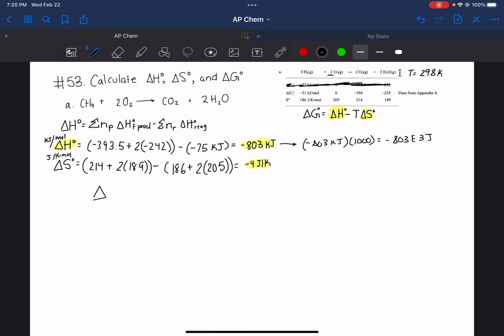So delta G formation equals the negative 803 E3 joules minus T times delta S, which is negative 4. Oh, sorry, T is 298, by the way. T is always in Kelvin, times negative 4.